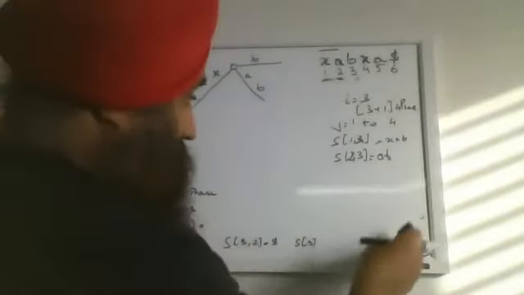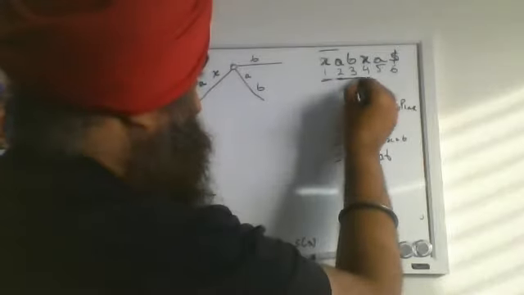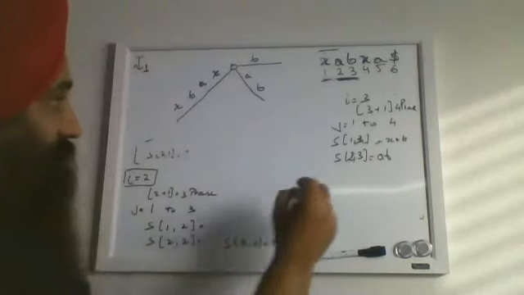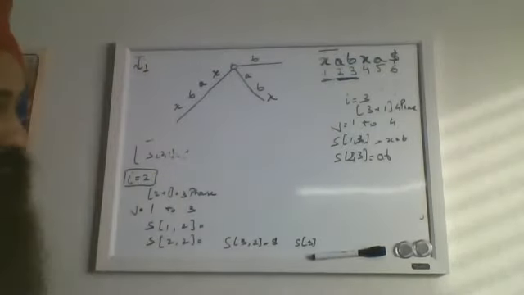Now you pick up S[2..3], which is AB. You see AB is present, so rule 1 extension applies. You add X here.